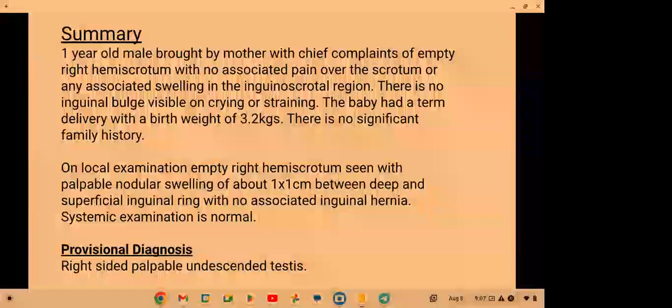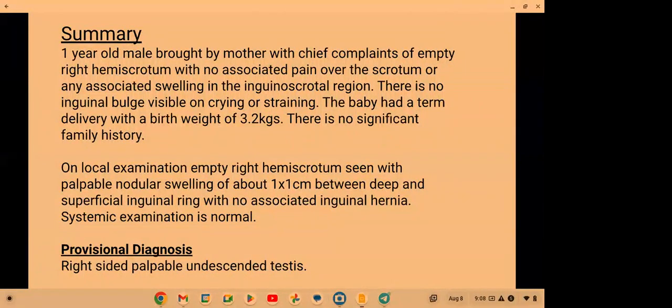Suppose a neonate is brought to you with this complaint. This patient, instead of coming at 1 year of age, had come to you at the age of 7 days, and one side testis is not palpable. What will you advise the parents? Ma'am, if the baby is a full term baby, then we have to advise the parents to wait for 6 months, because by then the development will be complete and the descent of the testis will be complete.